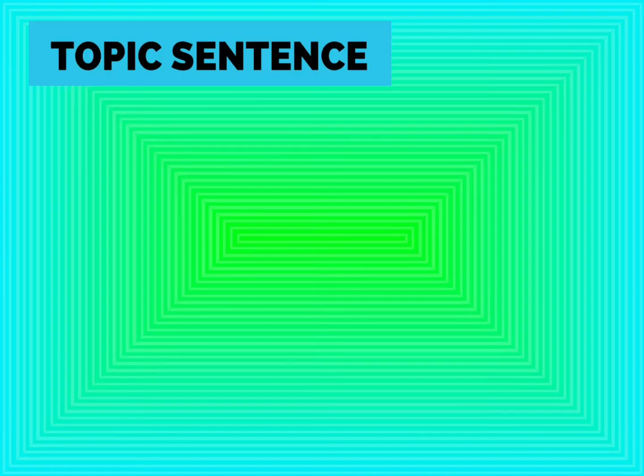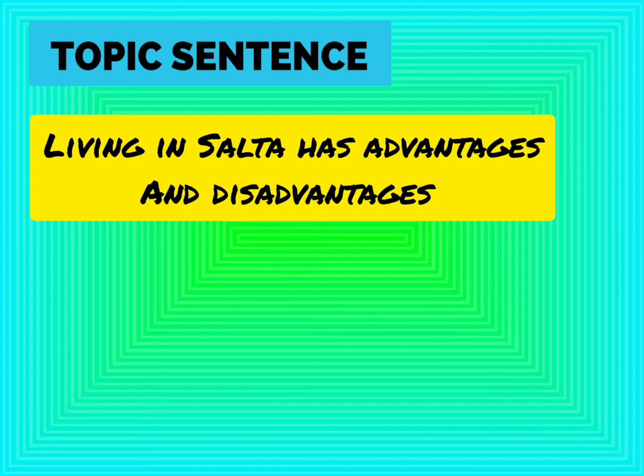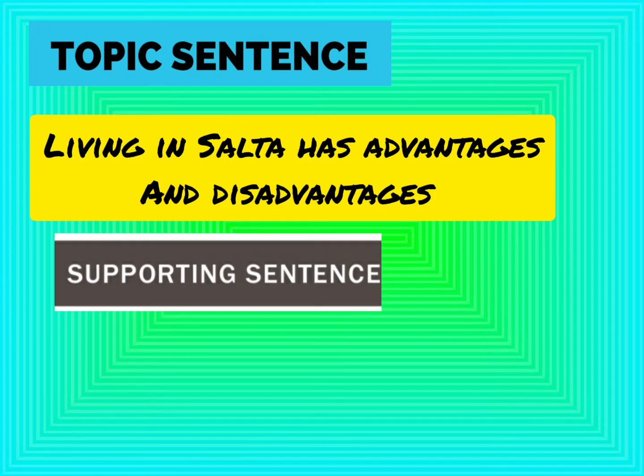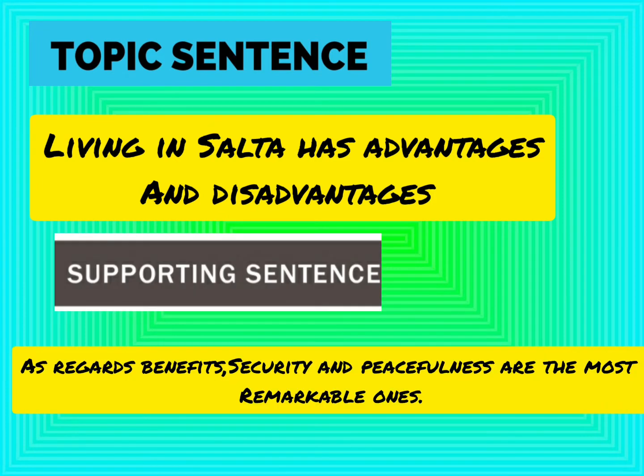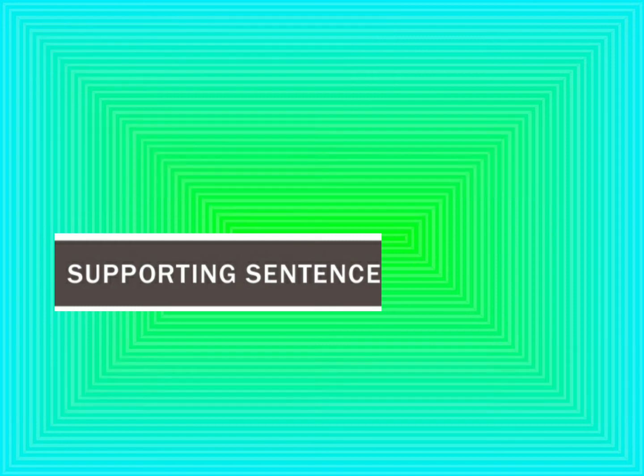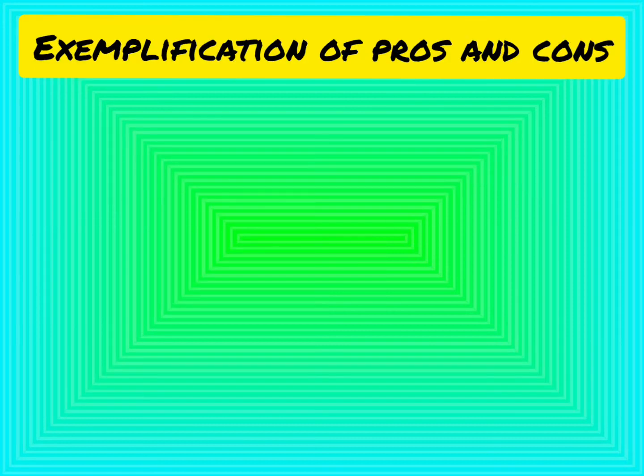For example, look at this topic sentence. Living in Salta has advantages and disadvantages. Don't mention the advantages in it. In the supporting sentence, you start: as regards benefits, security and peacefulness are the most remarkable ones. You are going to include both advantages in the supporting sentence. Exemplification of pros and cons.